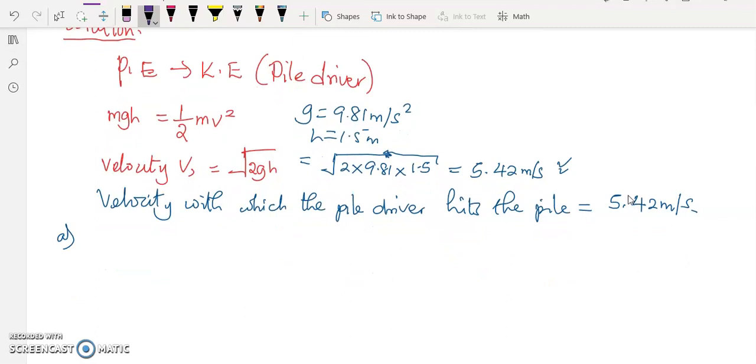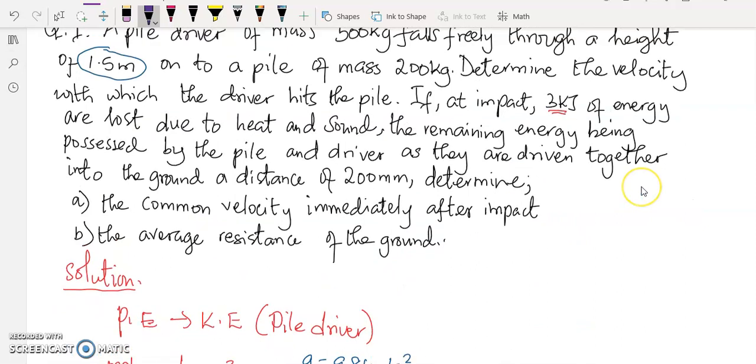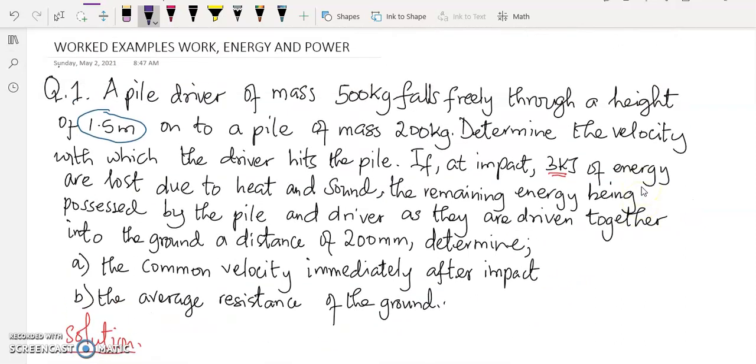So before impact, the kinetic energy of the pile driver is given by a half mv squared, so half times the mass, which in this case was given as 500 kilograms.